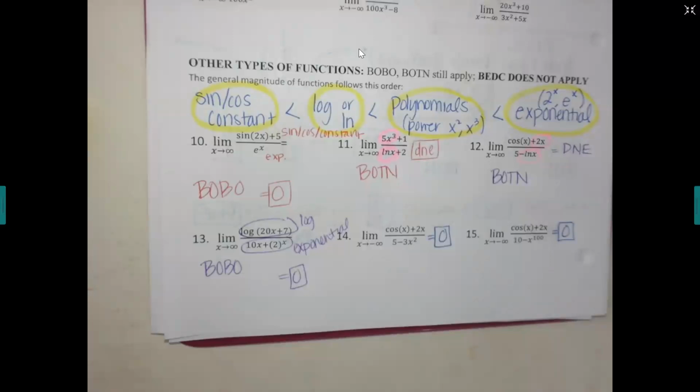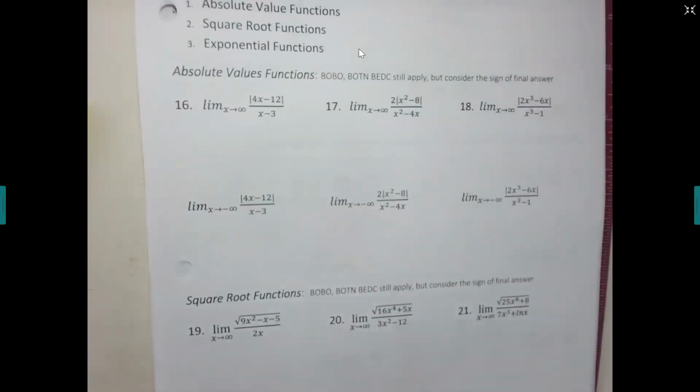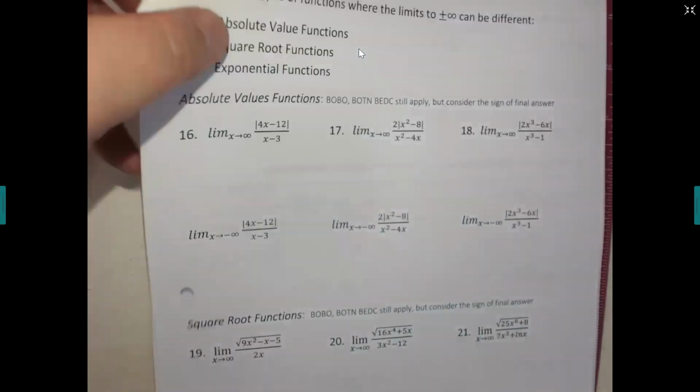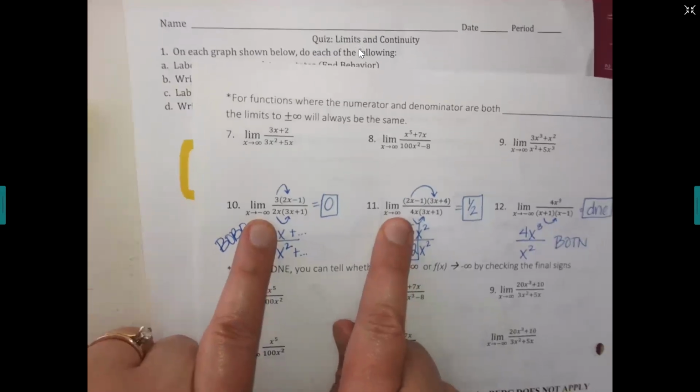There are three types of functions. This is where I want you to do your best to stick with me here. There are three types of functions where whether you're going to infinity or negative infinity, it actually matters. All of the other questions we've done, you may not have even noticed it, but some of them were going to infinity versus this one went to negative infinity.